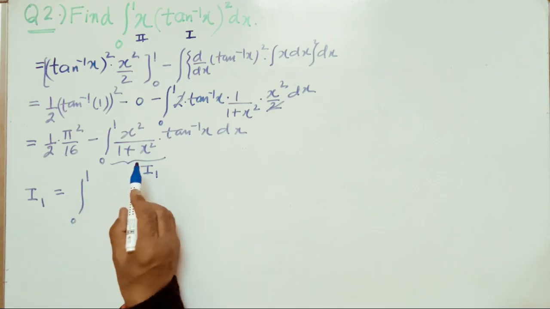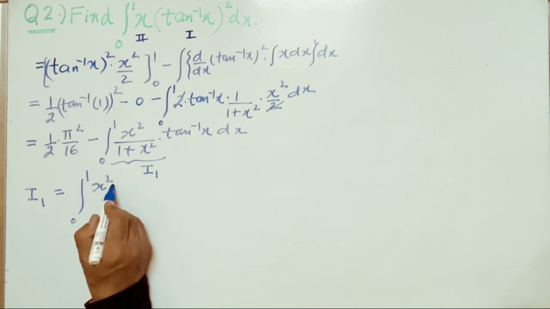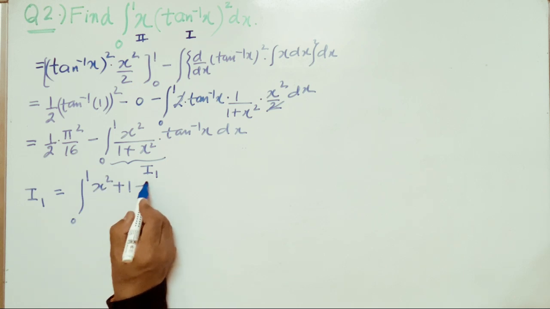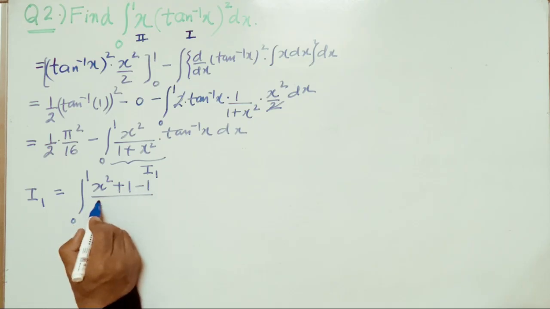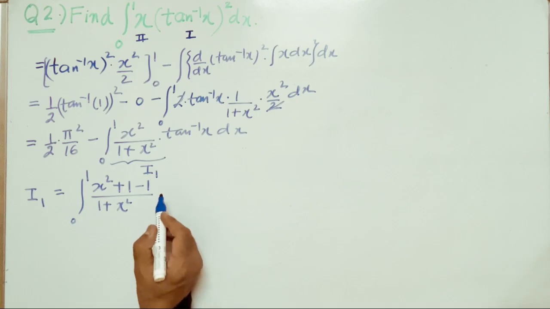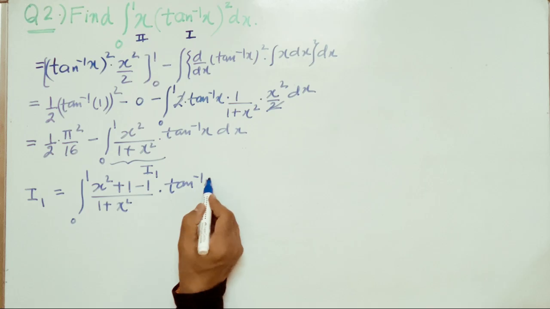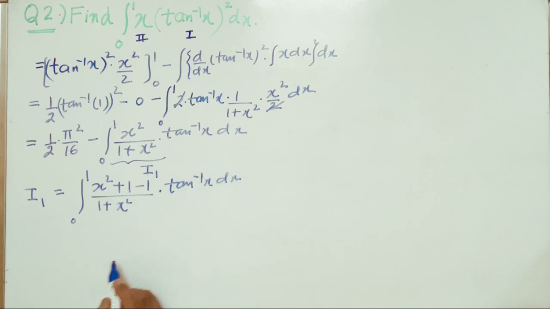Now to simplify this, we'll use this method. We'll add and subtract 1 from the numerator, so that we get the same expression as we have in the denominator, into tan inverse x dx. So from this step, it will be divided into two different integrals.